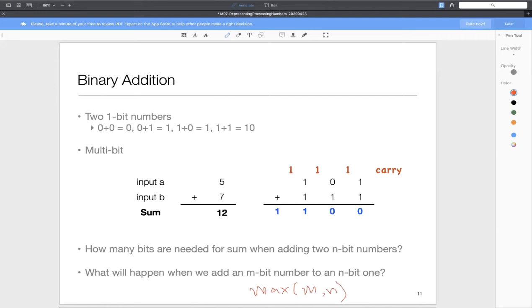Yeah, plus 1, right? So there can be a carry out. Worst case, m and n can be the same, in which case max is either one of them, and then I need one more. Okay, and in this other one, I needed n plus 1.